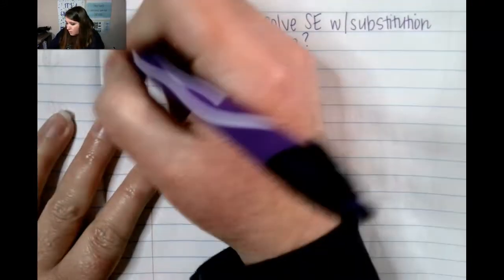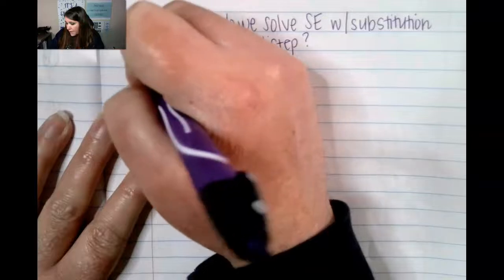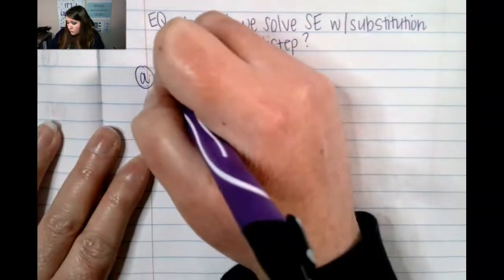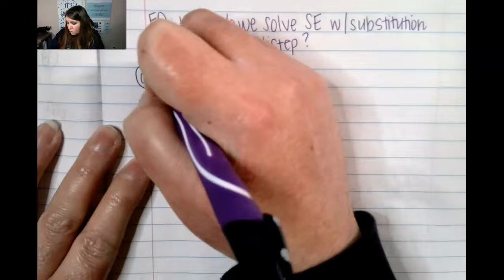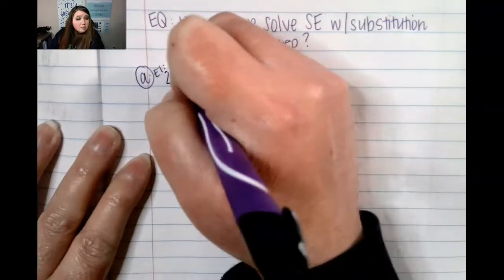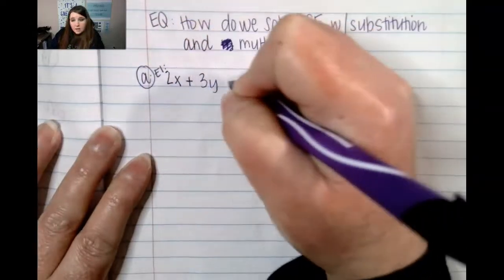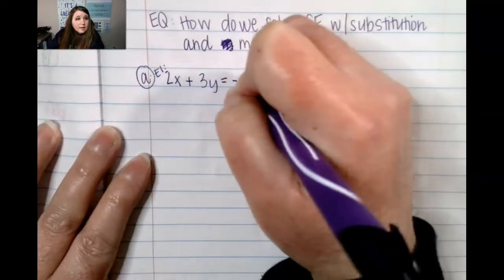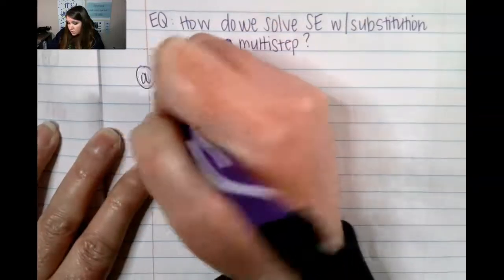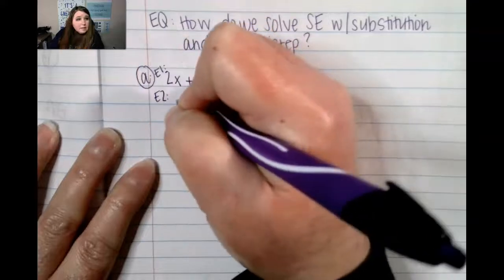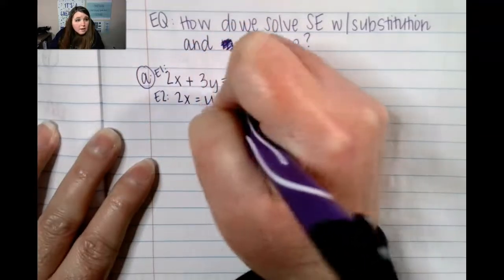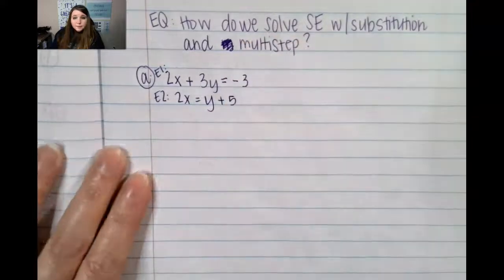So in this problem, example A, equation 1 is 2x plus 3y equals negative 3. Equation 2 says 2x equals y plus 5.